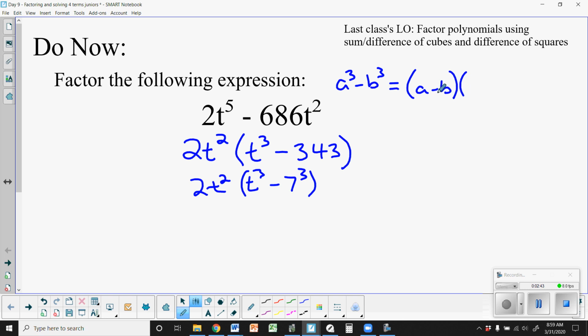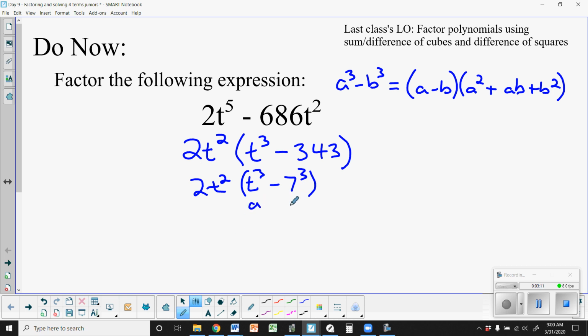And then the signs are going to go minus plus plus for difference. So we know it's always going to be a squared. And then with difference, it's always going to be plus plus. So again, if you don't have this memorized, make sure you memorize that along with sum of cubes and difference of squares.